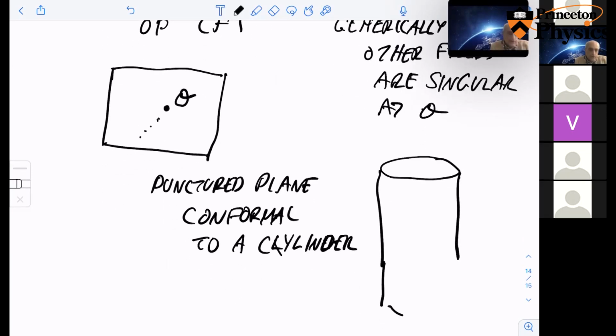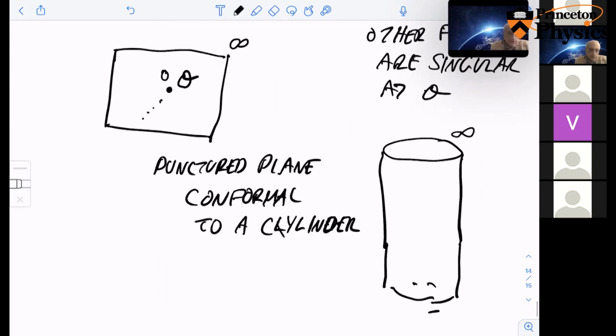By an elementary conformal mapping, 0, the position of the operator, goes to minus infinity, and infinity on the plane goes to infinity on the cylinder.